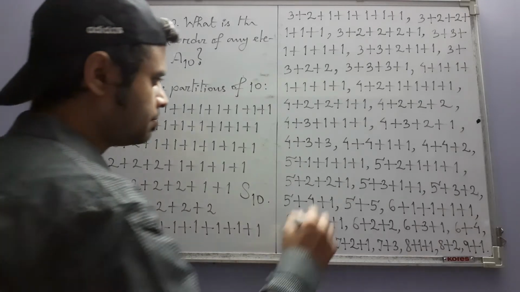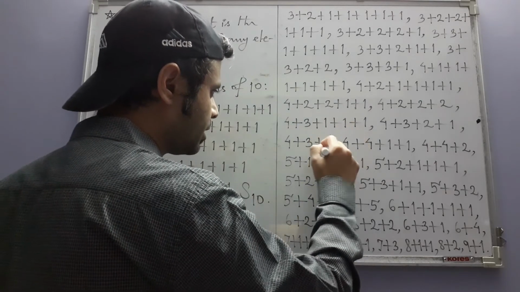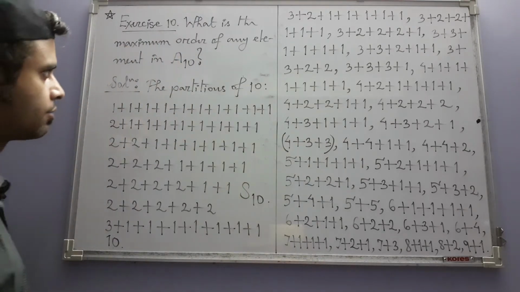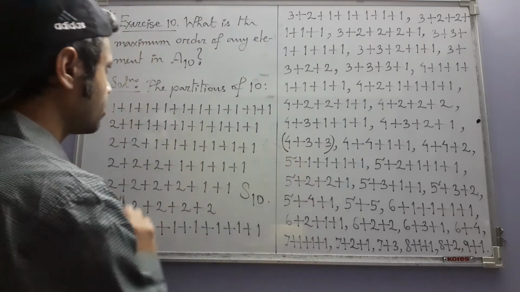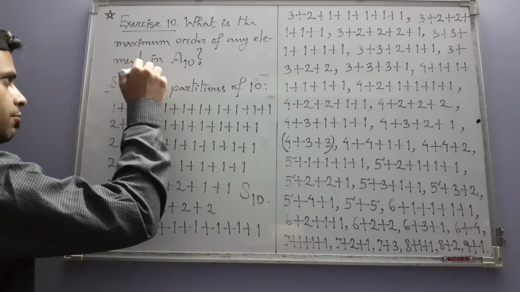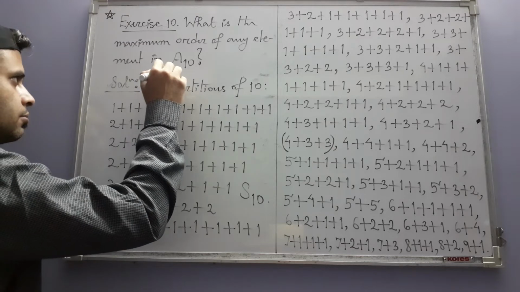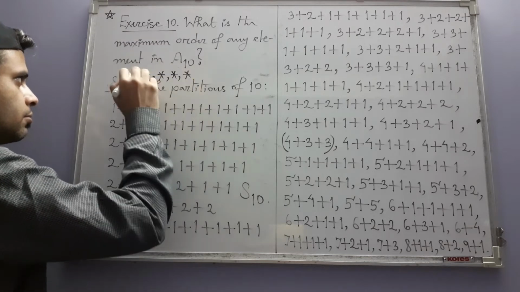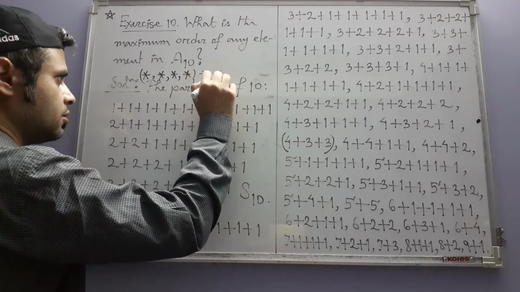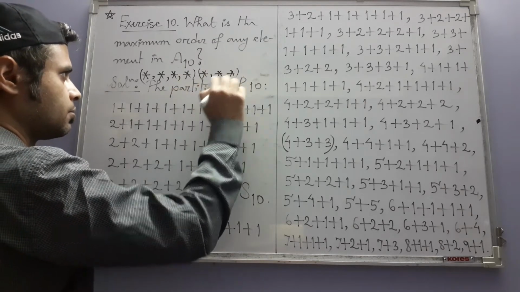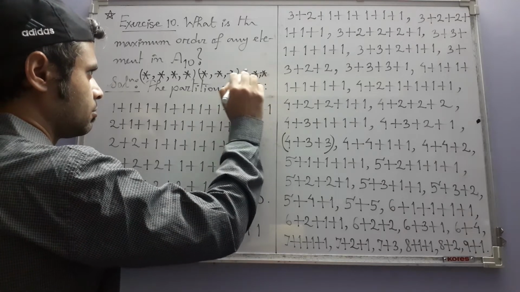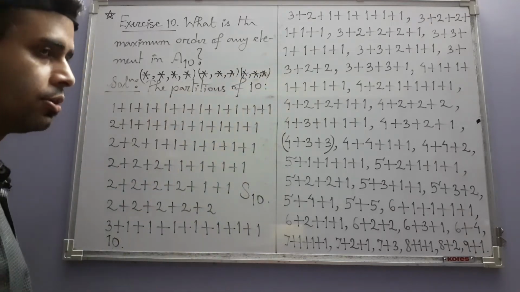For example, if you look at this partition 4 plus 3 plus 3 of 10, then this corresponds to a product of a 4 cycle, a 3 cycle, and another 3 cycle, and these are all disjoint.